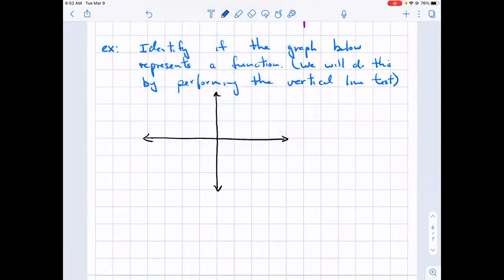If we have our graph and we draw vertical lines on it, then this is a function, since they only hit once. So yes, this is a function.